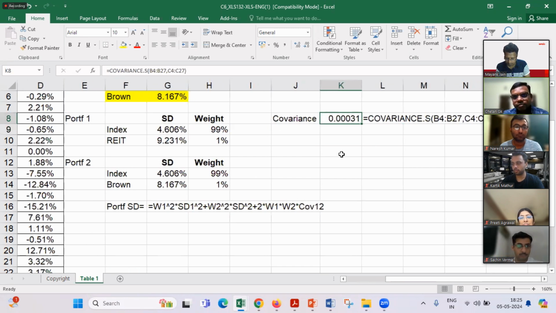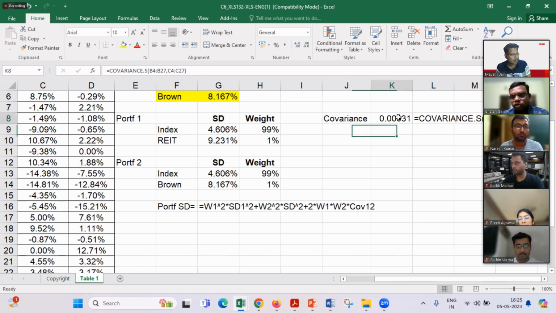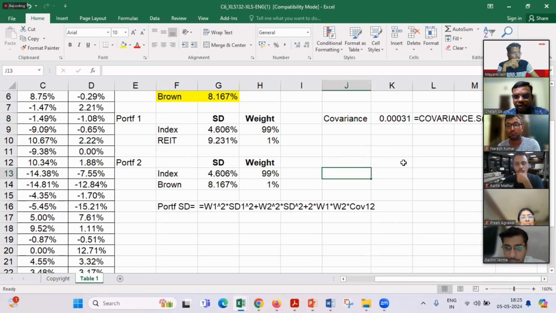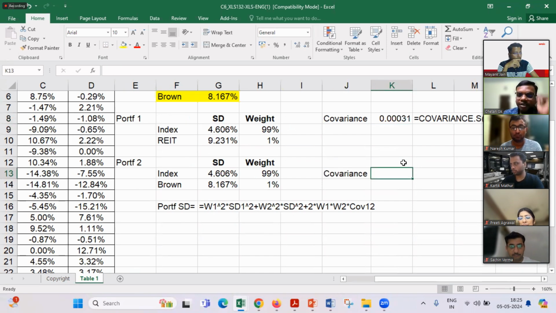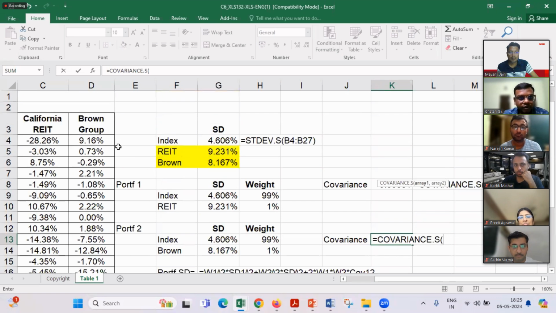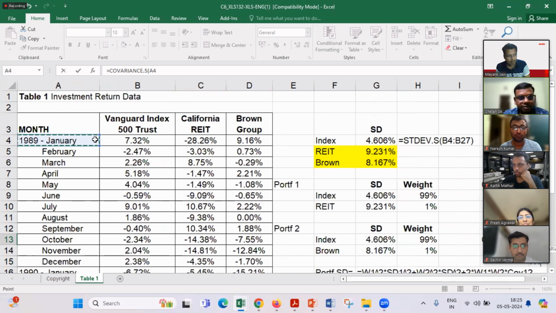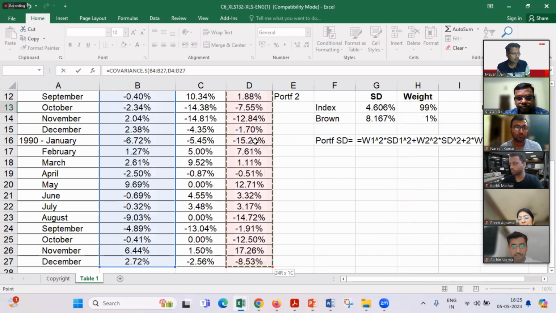I'll tell you what covariance is. So how many of you computed this covariance now? So similarly, let us compute the covariance for the second set. That is covariance between index and Brown.